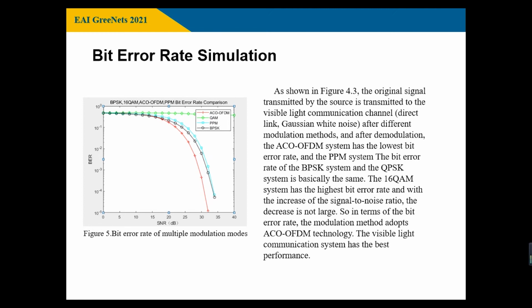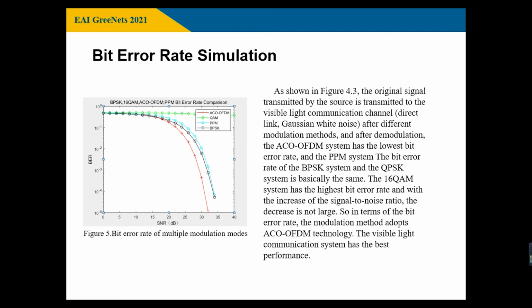The original signal transmitted by the source is transmitted to the white Gaussian noise communication channel after different modulation methods. And after demodulation, the OFDM system has the lowest bit error rate, and the PPM system, the bit error rate of the BPSK system and the QPSK system is basically the same.